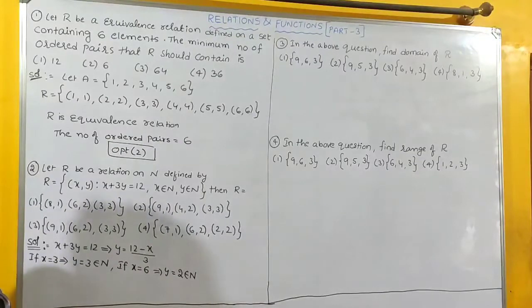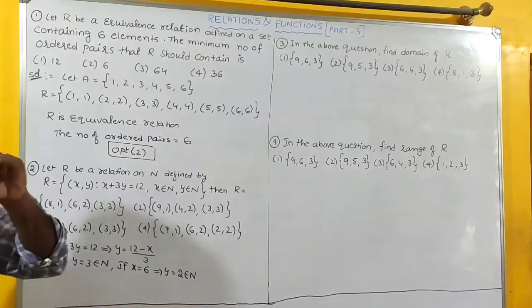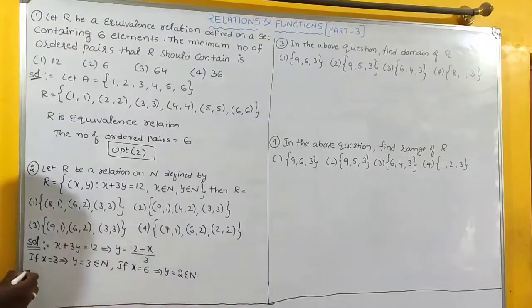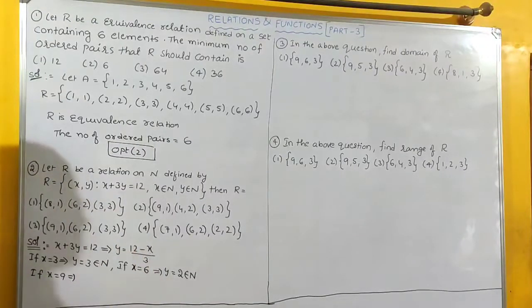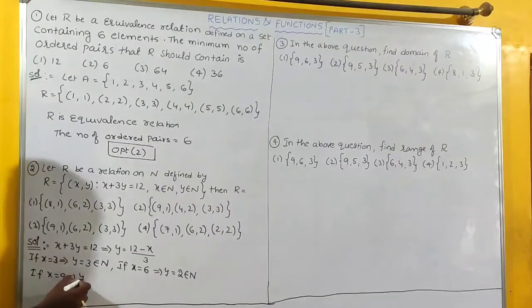If you take 8, 12 minus 8, 4, 4 by 3 is not a natural number. If you take 9, 12 minus 9, 3, 3 by 3, that is 1, so it is a natural number. Therefore, x value is 9. Substitute: 12 minus 9, 3, 3 by 3, then y value is 1.